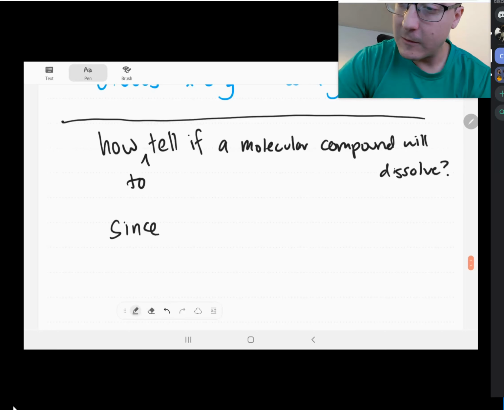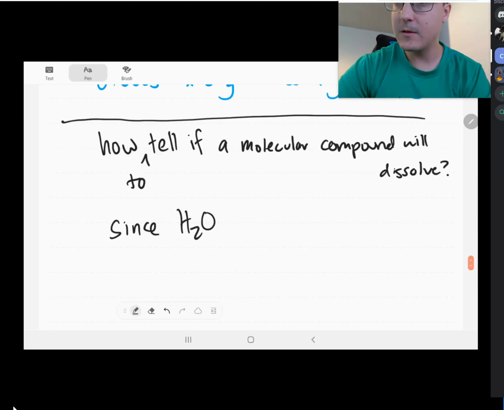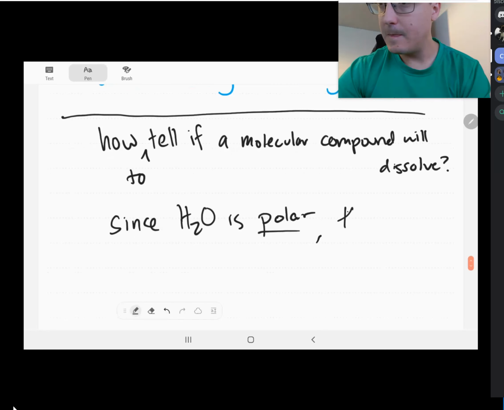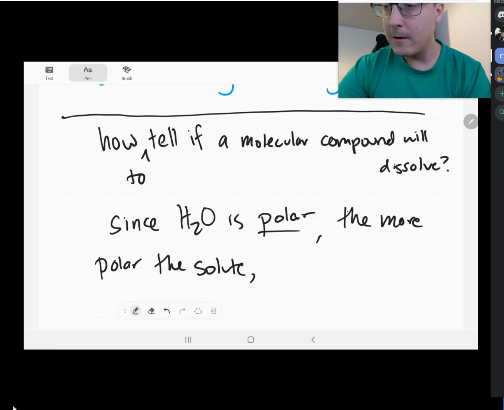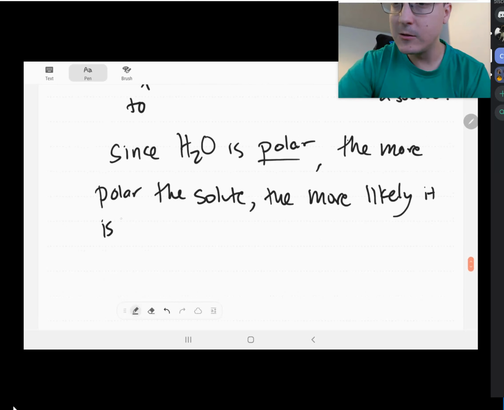Since water is polar, the more polar the solute, the more likely it is to dissolve.